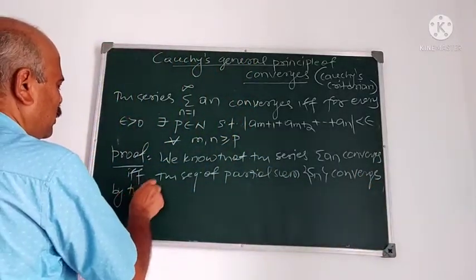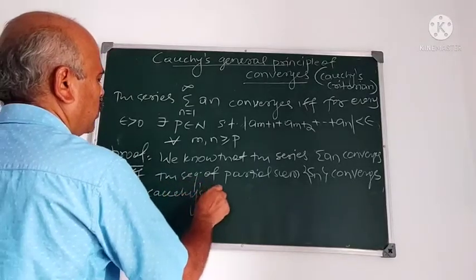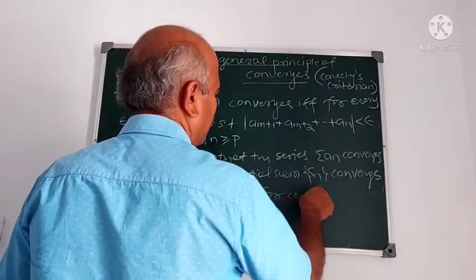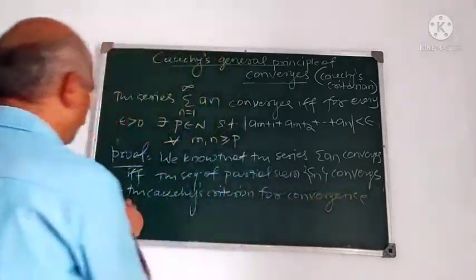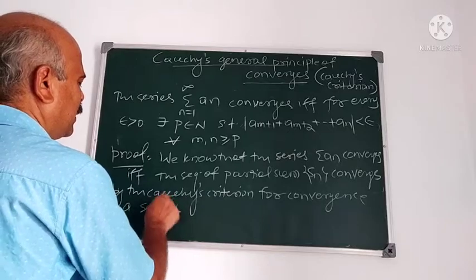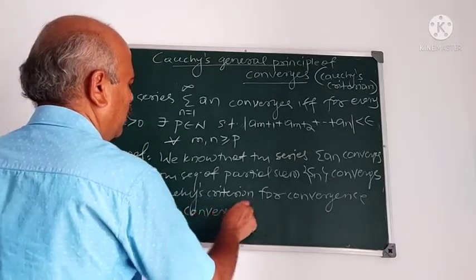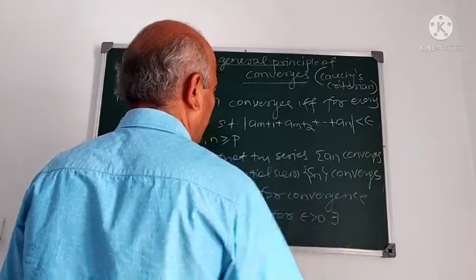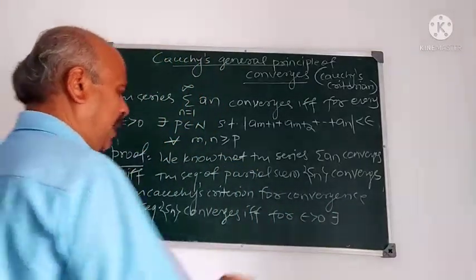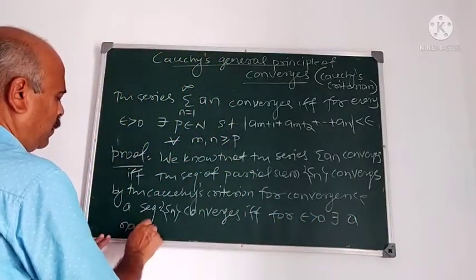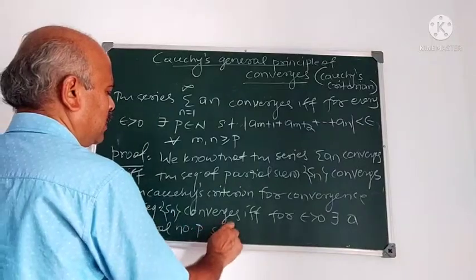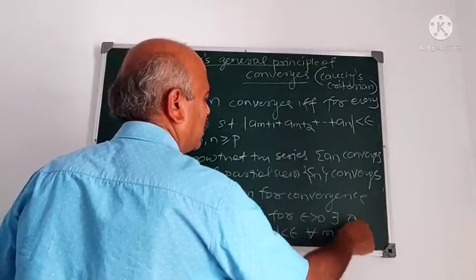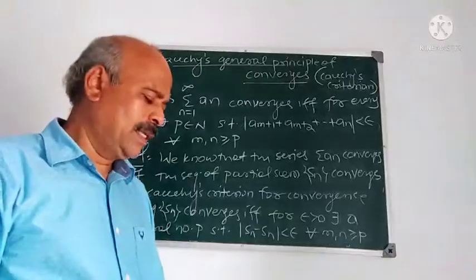Now, by the Cauchy's criterion for convergence, a sequence Sn converges if and only if for epsilon greater than 0 there exists a natural number p such that mod Sn minus Sm is less than epsilon for all m, n greater than or equal to p. Correct? For all m, n greater than or equal to p.